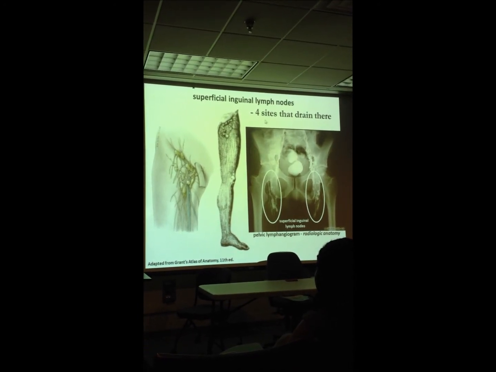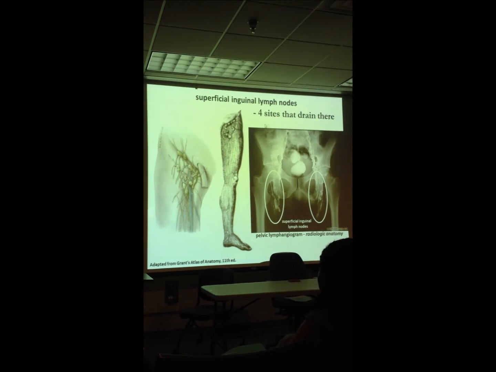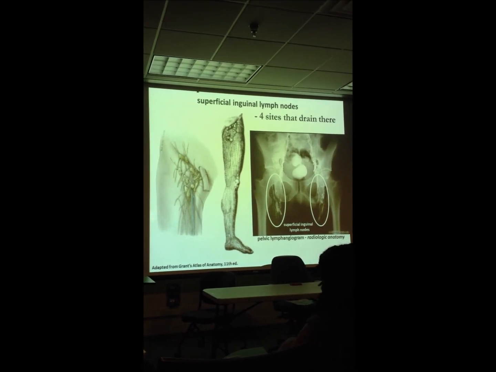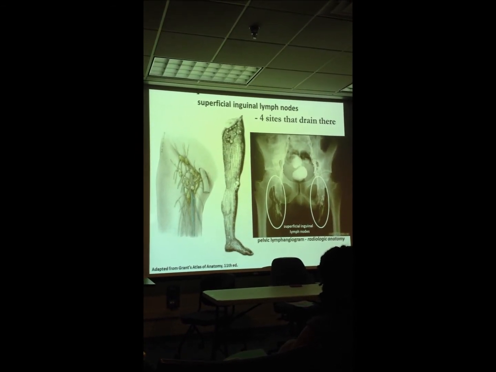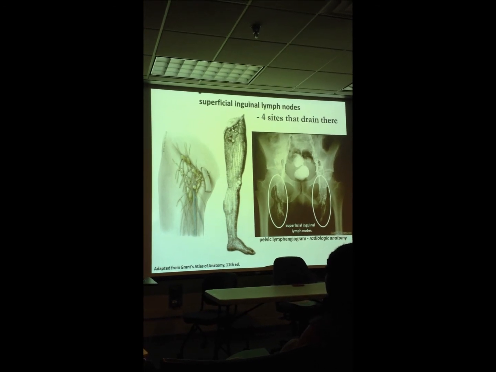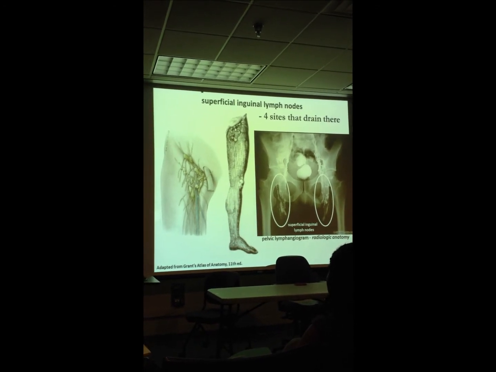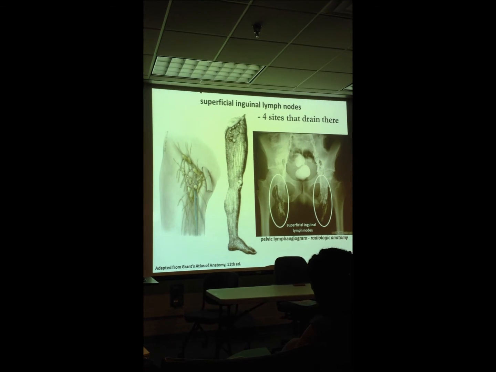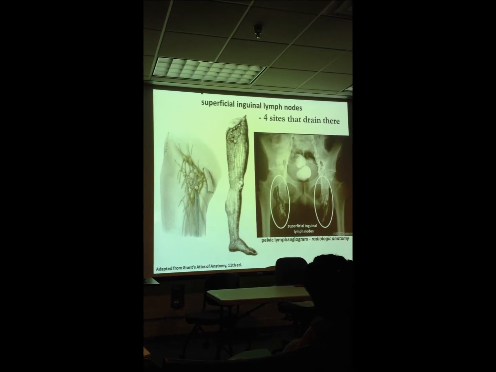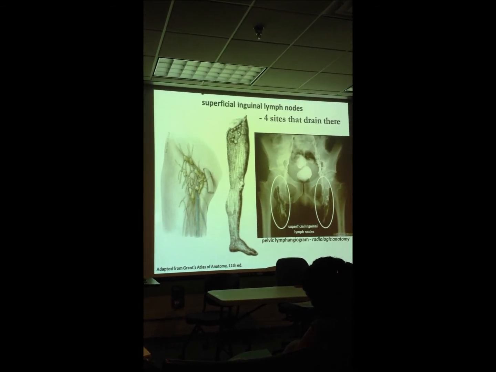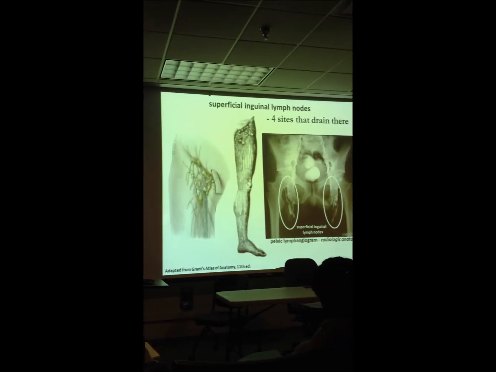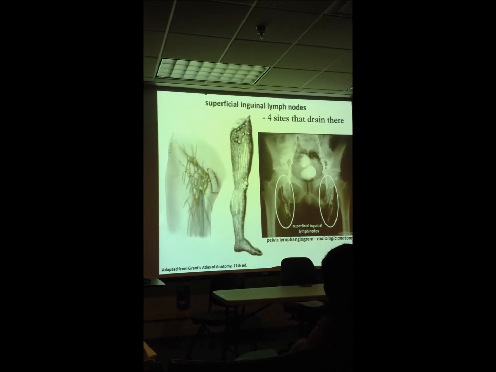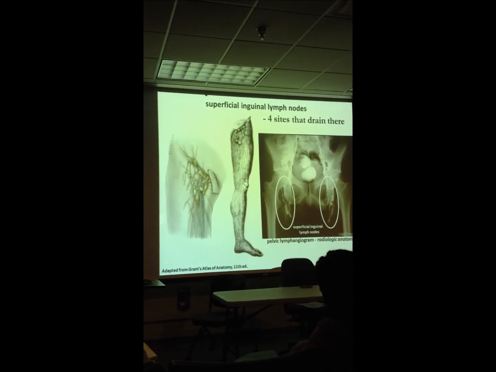But there are a number of things that drain in there. It's not only the scrotum, which is in close proximity, which would make sense. The uterus drains in there, and we figured out how that happened through the round ligament. The lower end of the anus, below that famous mucocutaneous line, the pecten.